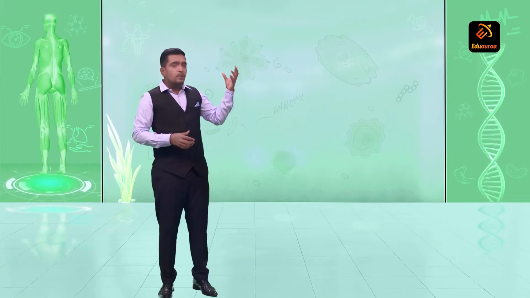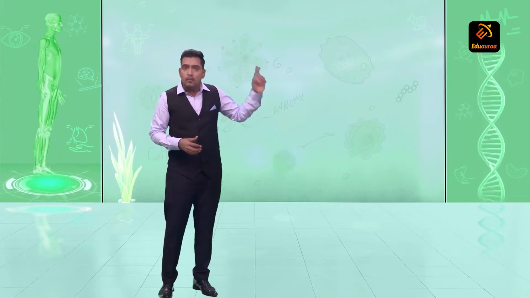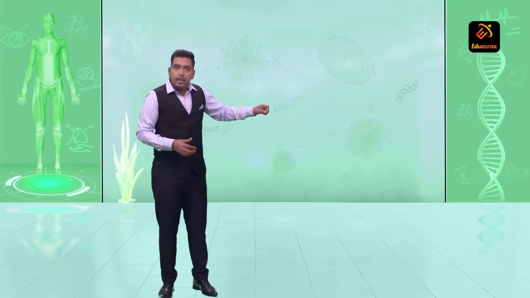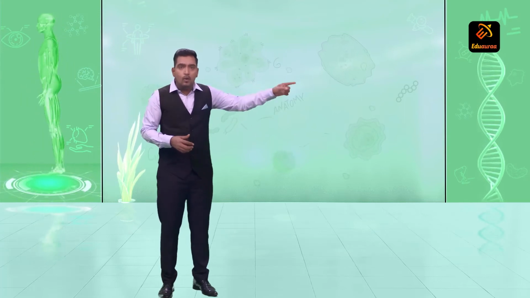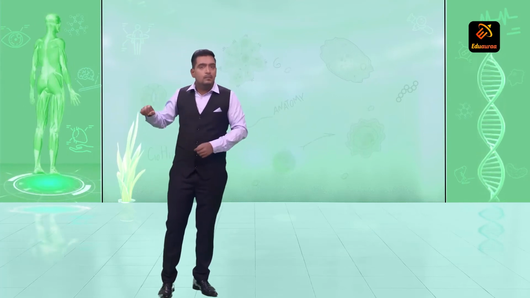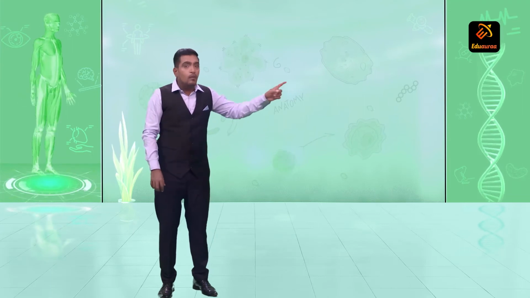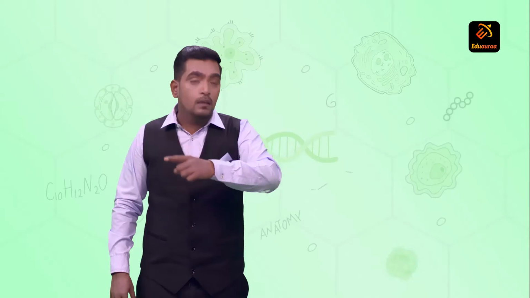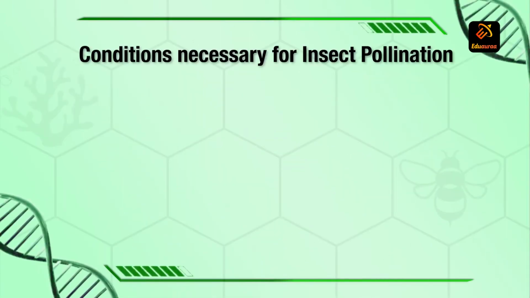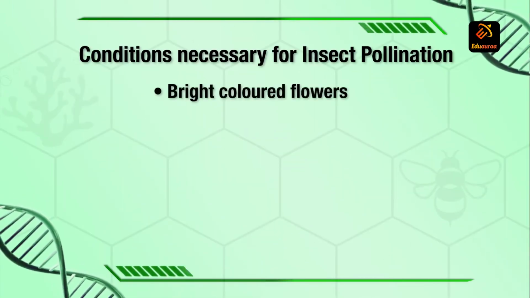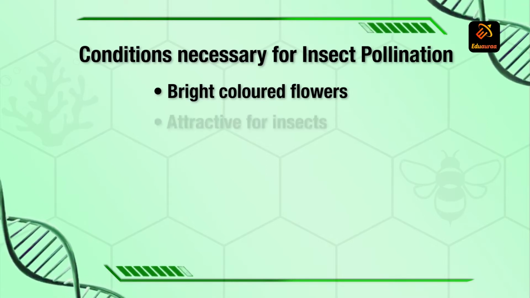But there has to be some characteristic in the flower so that the pollen grain goes with the insect. And the most important, the flower will not run behind the insect. The insect has to come to the flower. So what is required? The flower has to be bright, colorful, attractive.